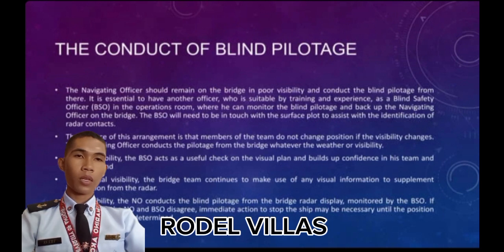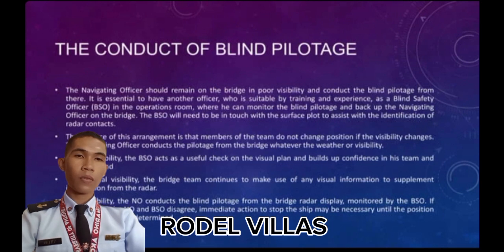In good visibility, the blind safety officer acts as a useful check on the visual plan and builds confidence in this team and command. In marginal visibility, the bridge team continues to make use of any visual information to supplement information from the radar.